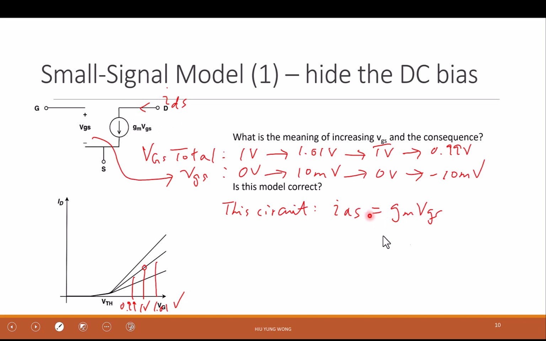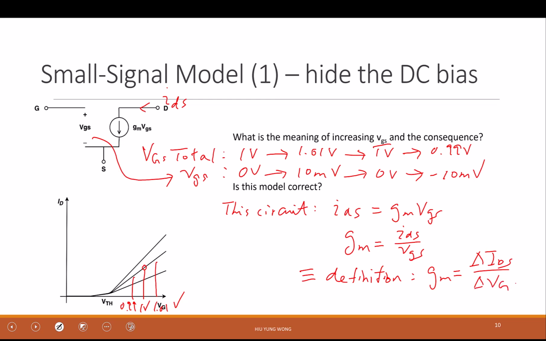So it means gm equals IDS divided by VGS, which is exactly the same as the definition of gm, that gm equals delta IDS divided by delta VGS, that you get from this curve.